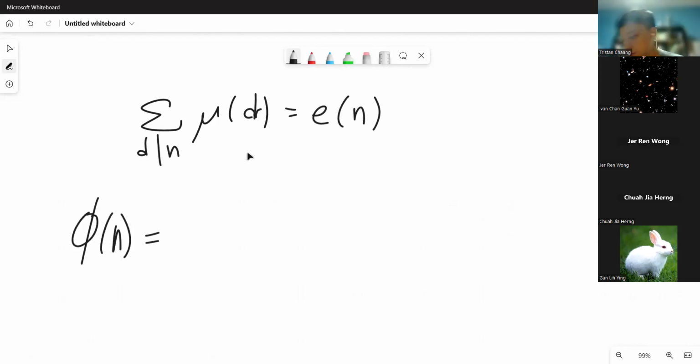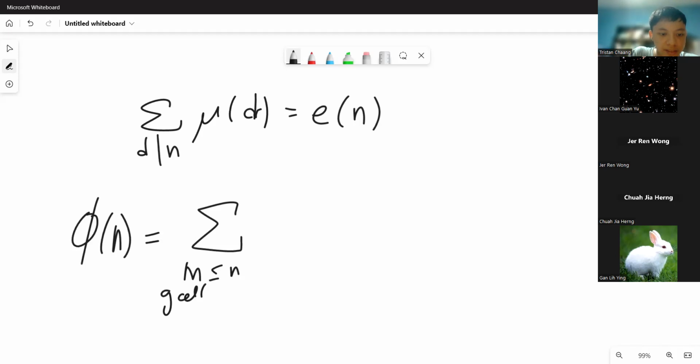Can we write this in terms of a nice thing? So this is how we're going to do it. Phi n, I can write it like this: the sum over m less than or equal to n with GCD of m and n equal to 1, of 1.